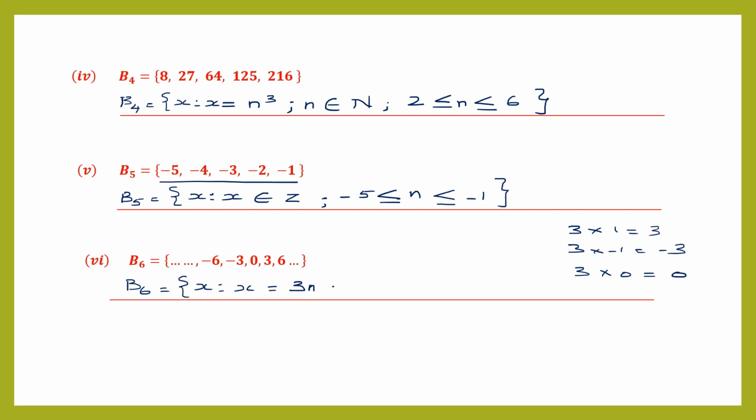And here we need to write that second part which says n belongs to integers. And close your brackets. This is a simple one. So how do we read it? x is such that x is 3n and n belongs to integers. That means in the place of n, I can put any negative number, positive number or 0 and I will get my elements of this set.